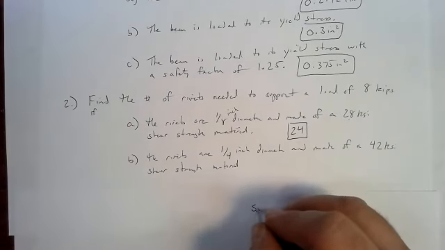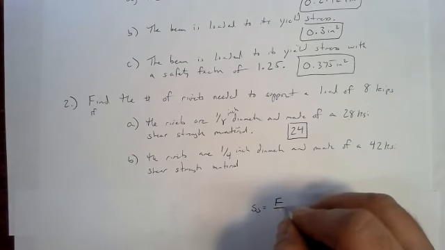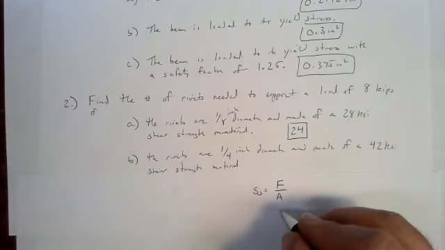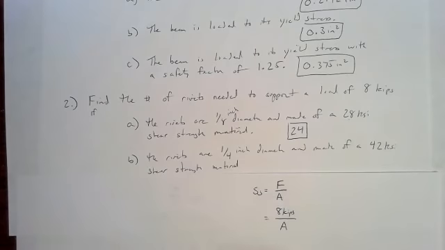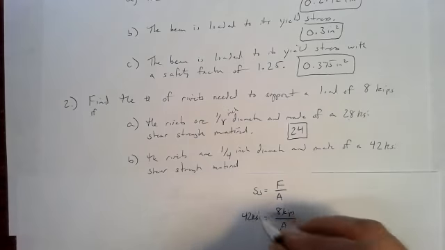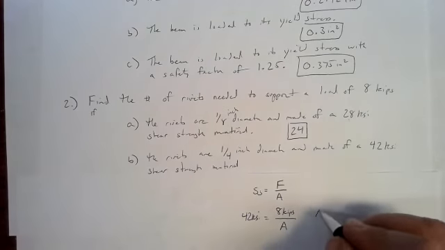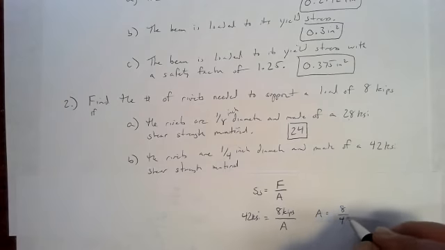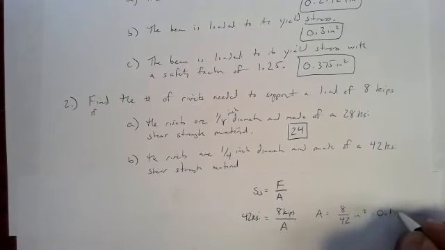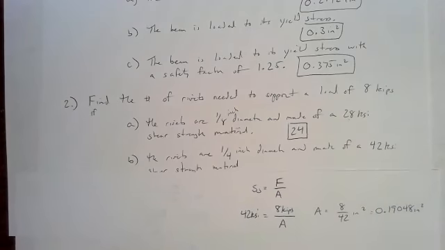To calculate it, go back to the equation. Shear stress is force divided by area. We still have to handle a force of 8 kips. We don't know how much area we need, but we're going to pick an area, so we're just going to max out the material and hit 42 KSI. Cross multiplying, the area would be 8 over 42 square inches, which is 0.19048 square inches.